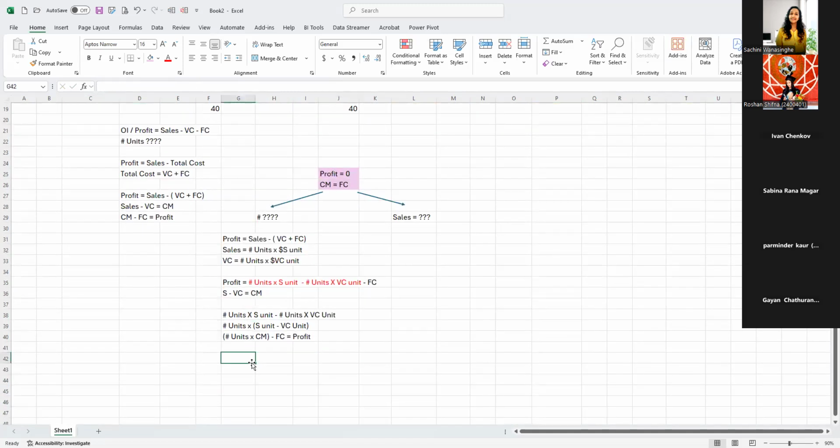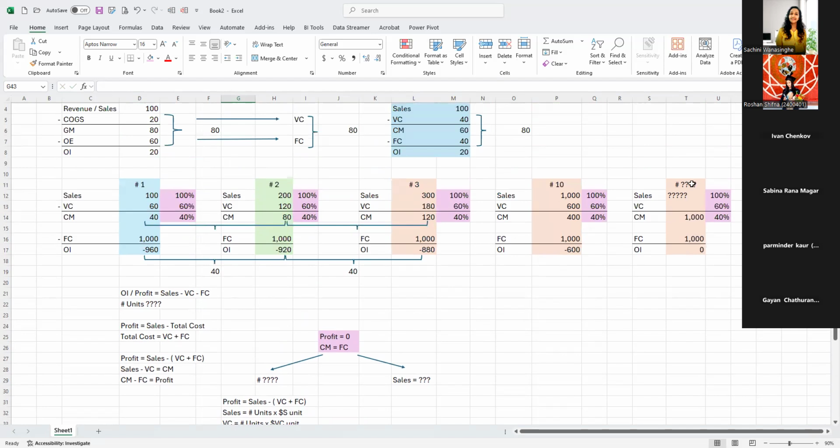So that means the number of units that I need to sell times contribution margin per unit has to be equal to fixed cost. Isn't that what we're chasing here? The contribution margin, which comes from the contribution margin per unit times number of units, has to be equal to my fixed cost. Make sense?